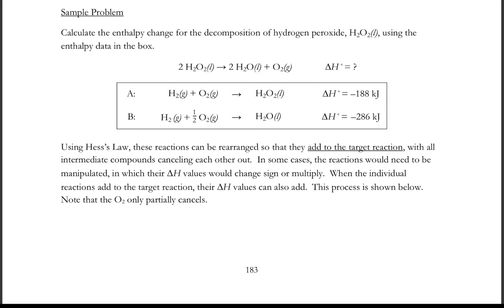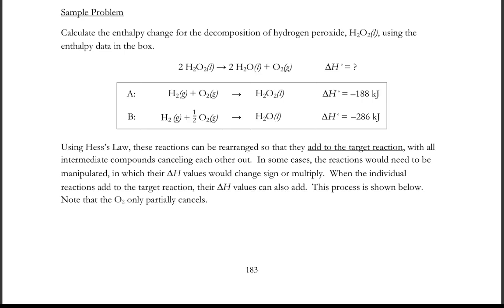And what we're given as data to work with is reaction A and reaction B. In reaction A, we have H2 plus O2 forming H2O2. Delta H is negative 188 kilojoules. Reaction B is H2 plus 1/2 O2 forming H2O liquid. Delta H is negative 286 kilojoules.